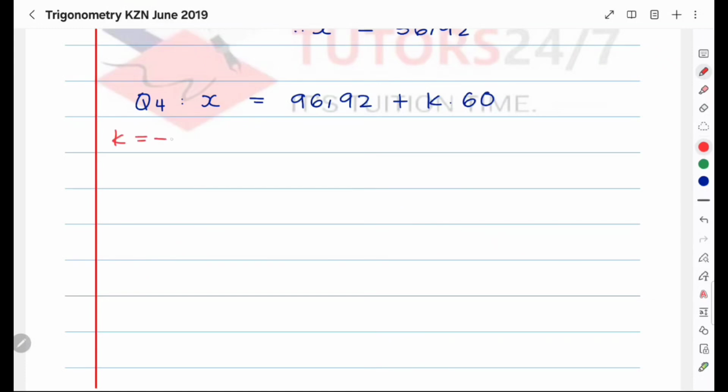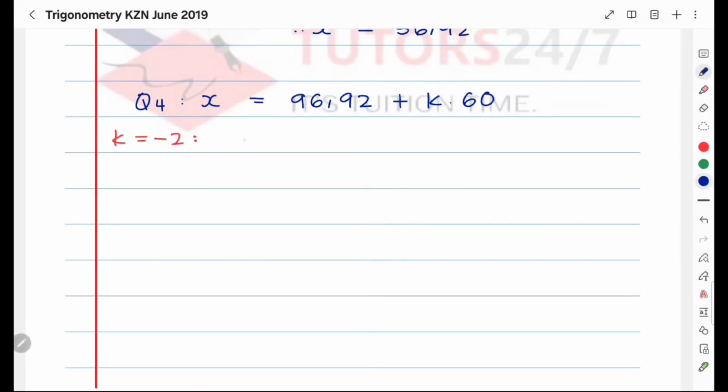I'm not going to start at negative 1 because we know that when k is equal to negative 1, we get positive 36.92. We saw that previously when I wrote out an alternative solution to quadrant 1. So I'm going to start at the next number, which is negative 2. The reason I'm using negative 2 is because I want to have a negative answer. That's why I'm giving k a negative value.